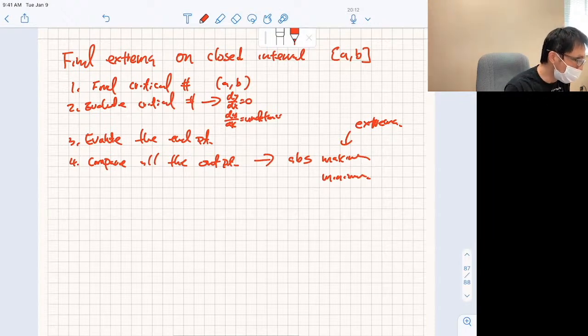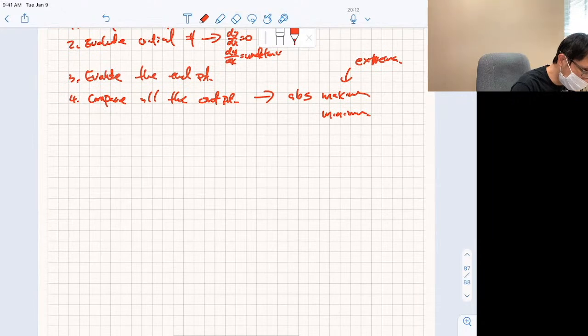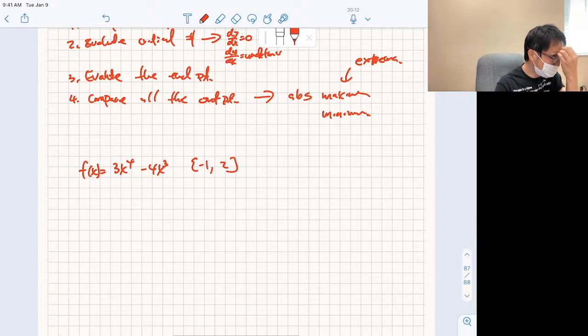So let's try one and see if you can find it. We've already given you the guideline. We're going to give you 3x to the fourth minus 4x to the third, between -1 and 2. I'll let you get a head start, and you're going to tell me where it is. I already gave you the steps.